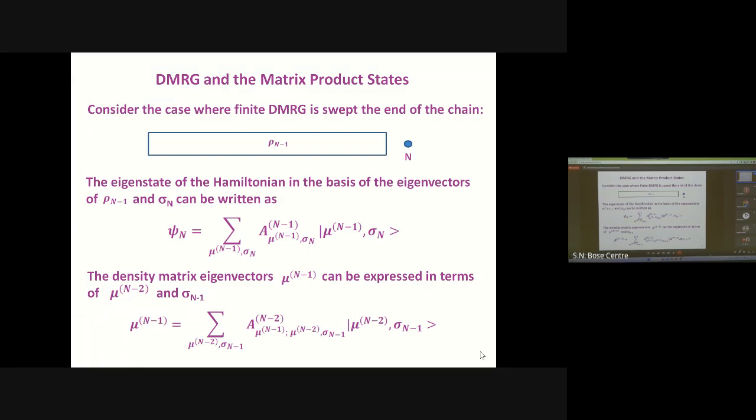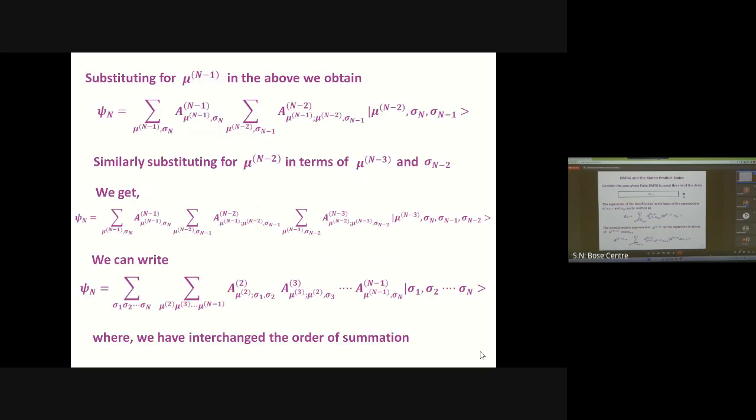You can substitute this one in here for mu n minus 1. If you substitute it there, what do you get? You get psi n as a sum over mu n minus 1 and sigma n, with A n minus 2, mu n minus 1, mu n minus 2, sigma n minus 1, then the product of mu n minus 2, sigma n and sigma n minus 1. So now you see that I have the sum over mu n minus 1, sigma n and also mu n minus 2, sigma n minus 1. So I have got this product.